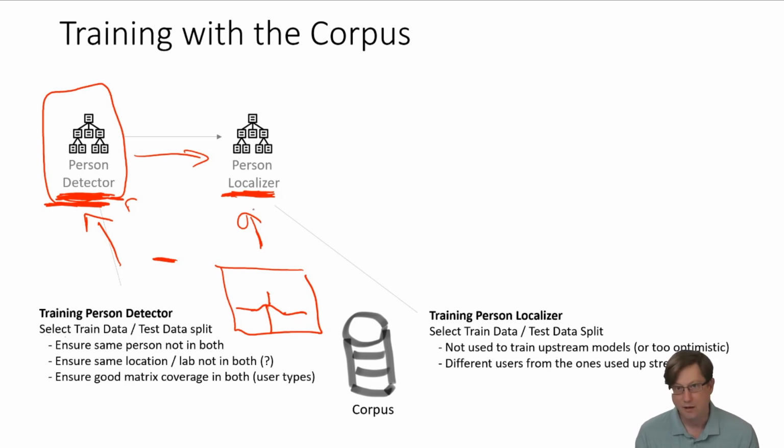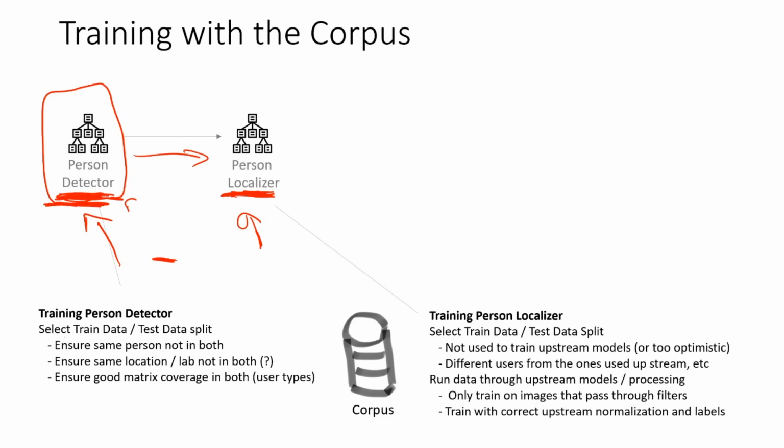Whereas if you run it on data that it wasn't trained on, maybe this arm might be a little more crooked and the body might stop there and it thinks it's a smaller person than it actually is. Little tweaks to the size of limbs or the location of a face point can have a massive systematic effect on the quality of downstream models. So if you cheat, you are going to probably regret it.